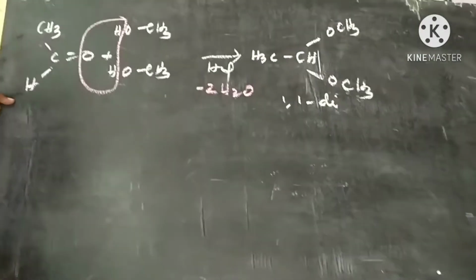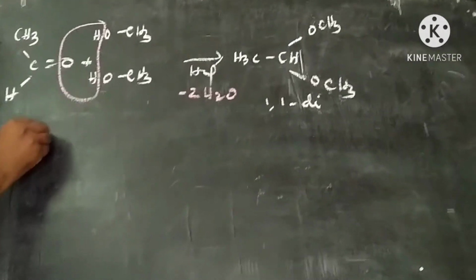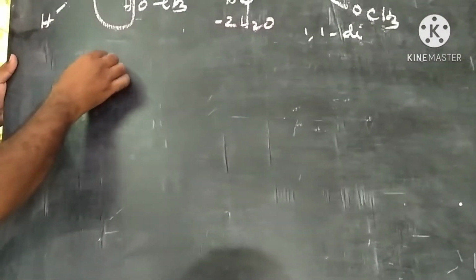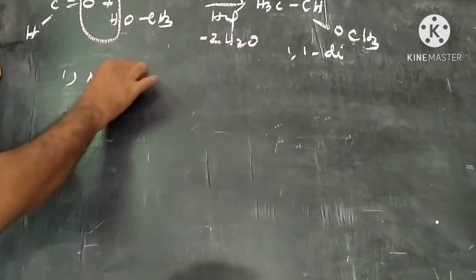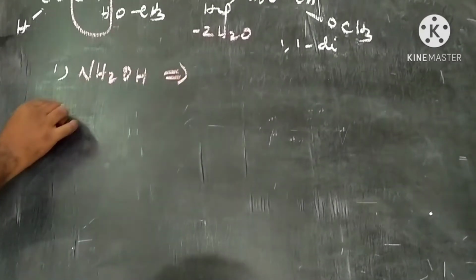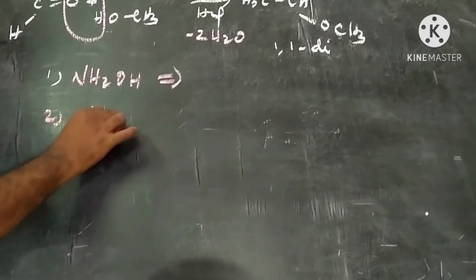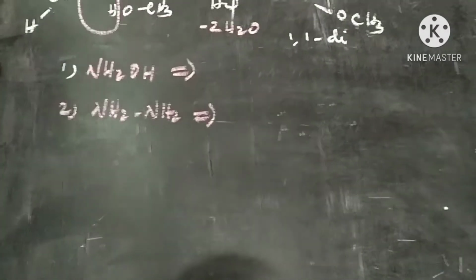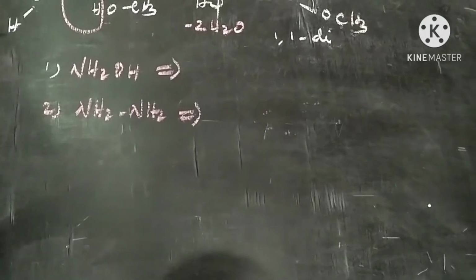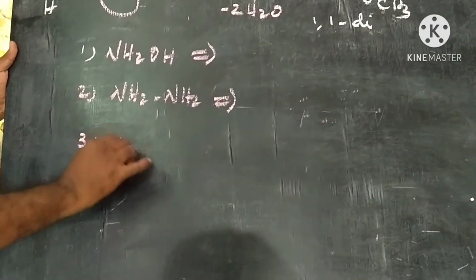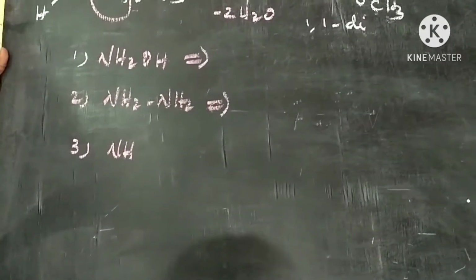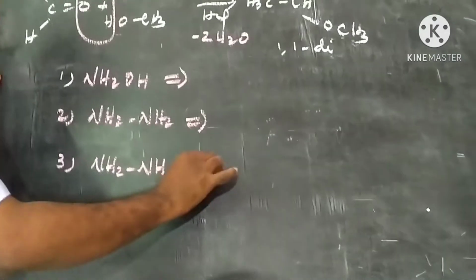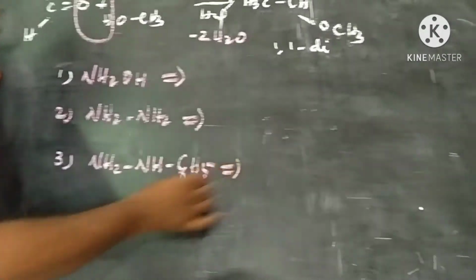The next reaction. Let's look at a few key points now, along with the names. The first one NH2OH. Next, NH2NH2. The next third one is NH2NH C6H5.